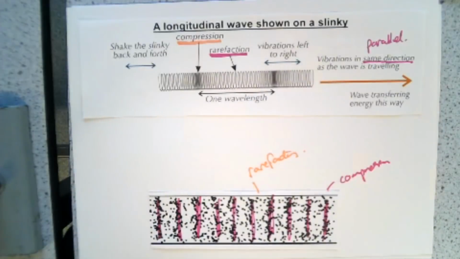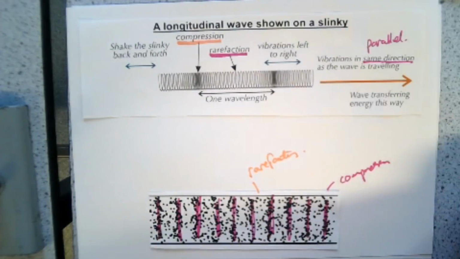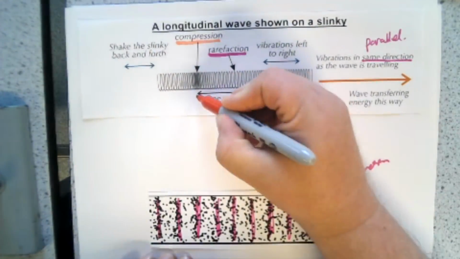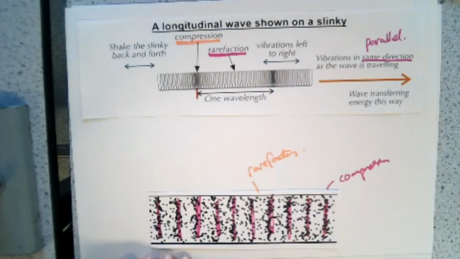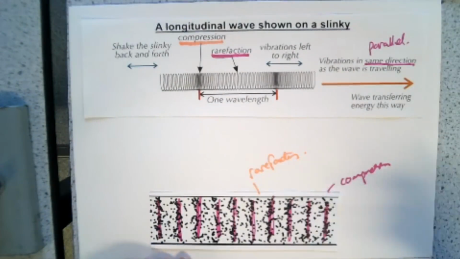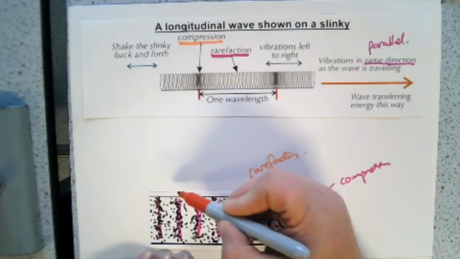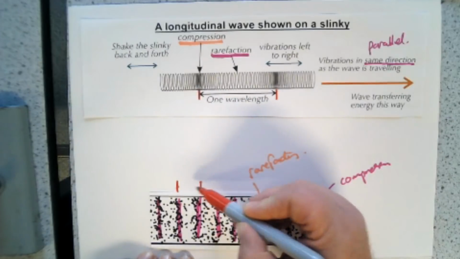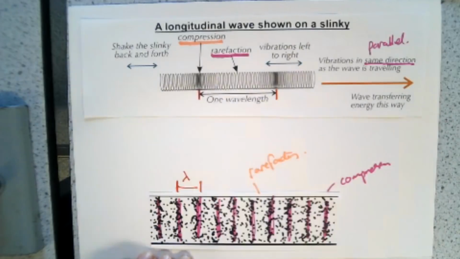Now, one of the things I could ask you, like it's shown here on the diagram, is from this diagram indicate one wavelength. Now, the easiest way to represent a wavelength is to go from the middle of one compression to the middle of the next compression. So on this diagram, it would be from that point to that point, and we'd be able to measure it. On this diagram, I could go from here to here, and that would be one wavelength, okay?